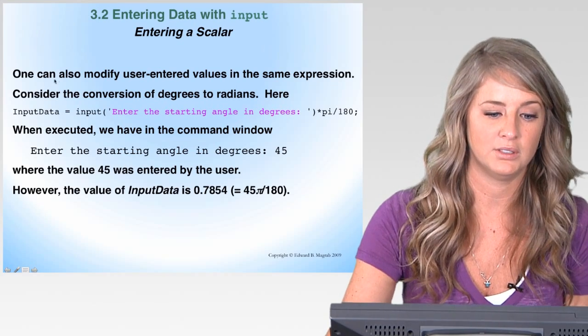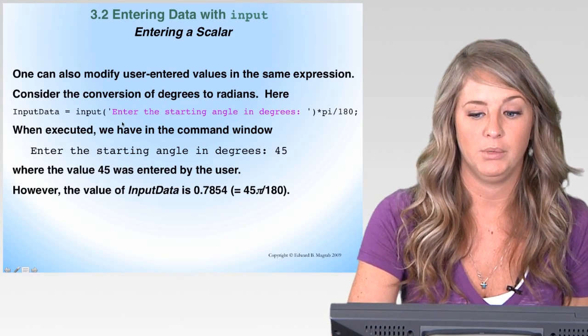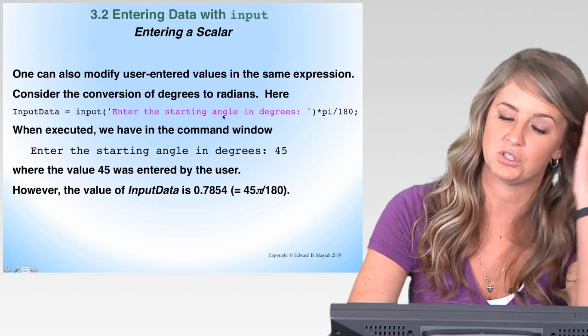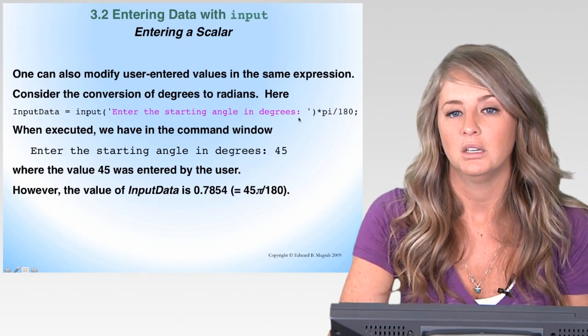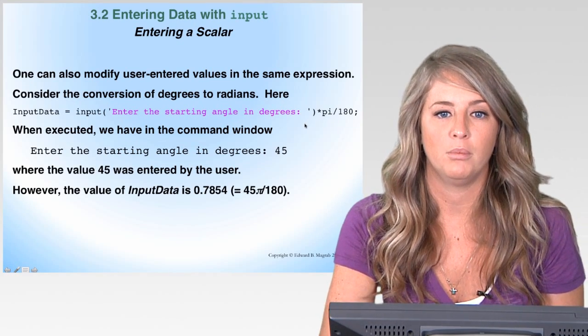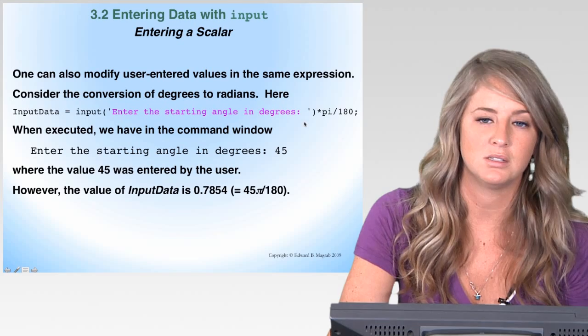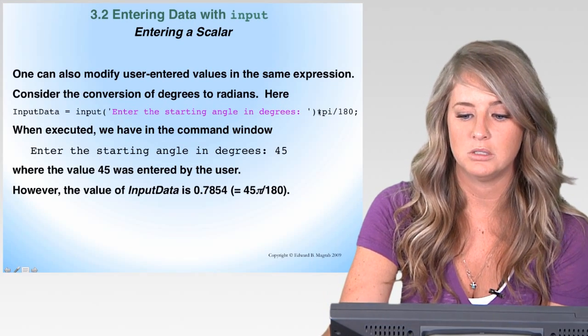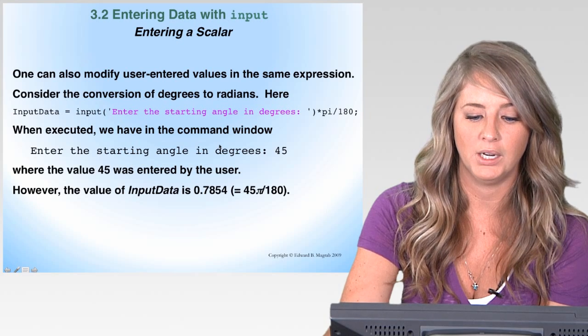This shows, for example, how we could do that even in just a single line. In this case, we said enter the starting angle in degrees. Let's say that we wanted to convert from degrees to radians, or radians to degrees, however you wanted to do it. What you would do is multiply by pi over 180 here.